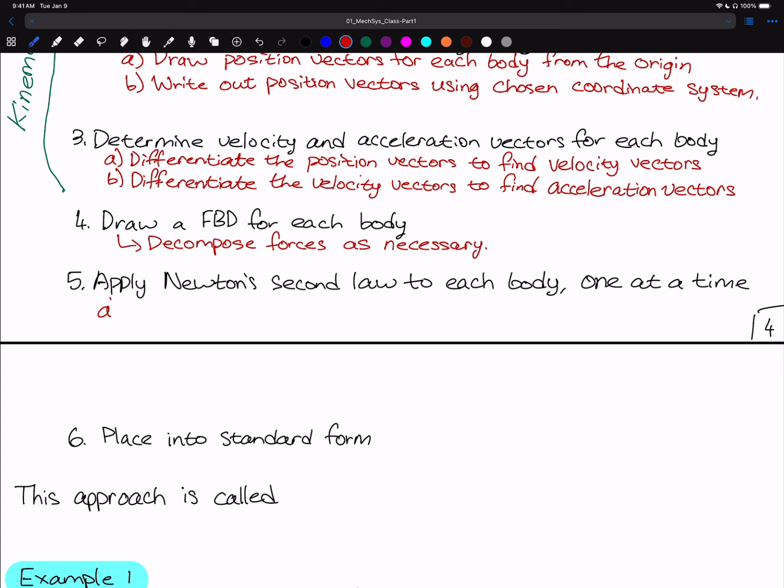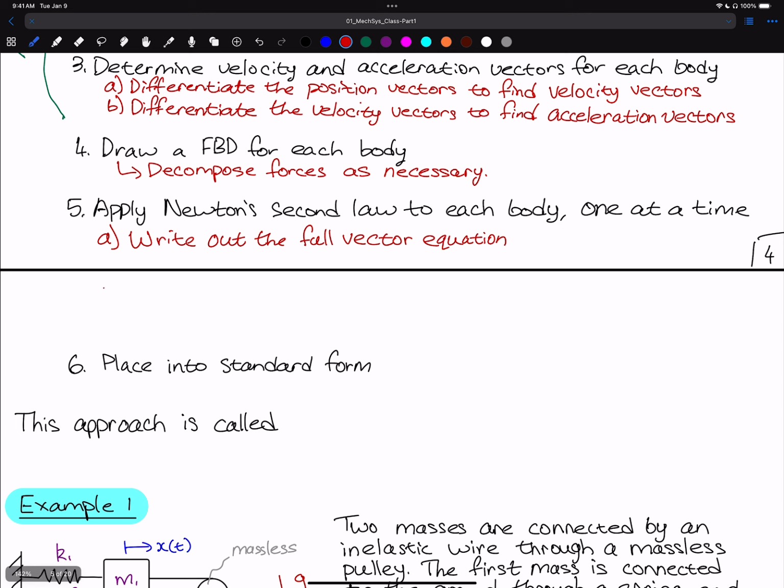We're going to first write out the full vector equation. We're then going to split that up into components, meaning that we consider the I and the J components separately.